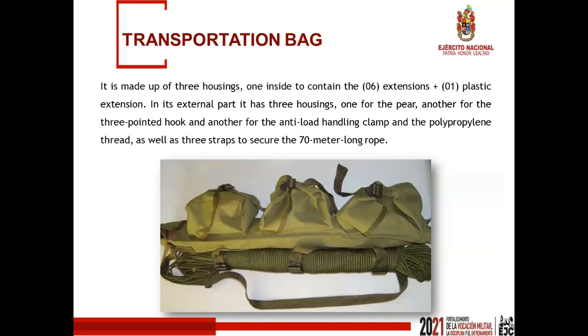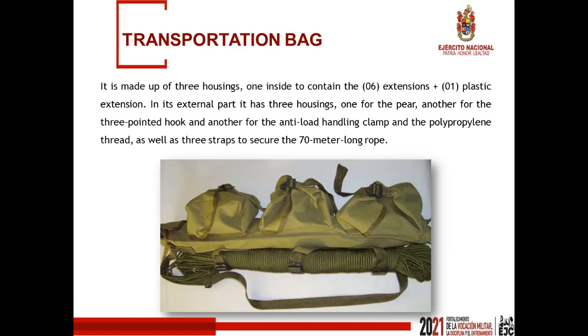So we will speak part by part. In this moment, we have the transportation bag. It's made up of 3 housings, one inside to contain the 6 extensions plus one plastic extension.